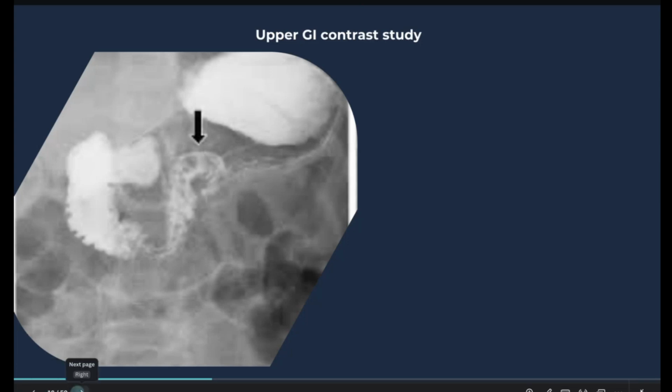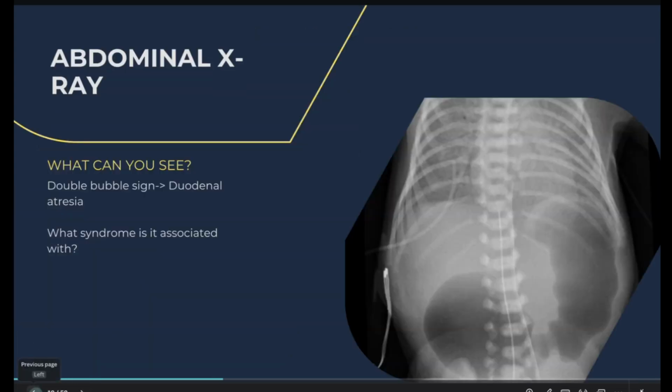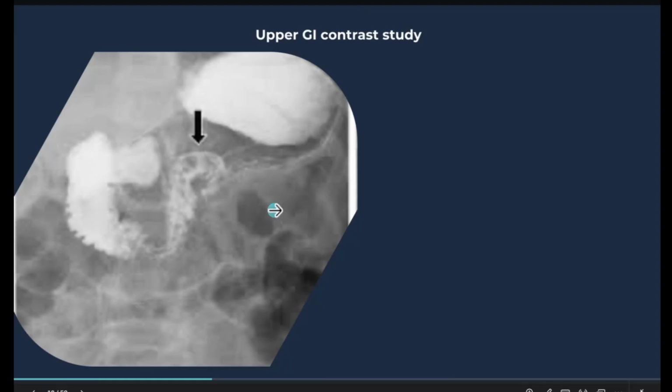Before that, this image here, you can see the black arrow. The black arrow is highlighting the duodenojejunal junction, and it's at the level of the pylorus. So if you look at the spine, and you can see the vertebrae, to the right of the vertebrae is the pylorus and the duodenal bulb.